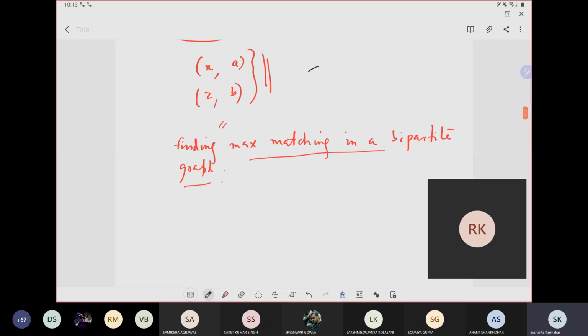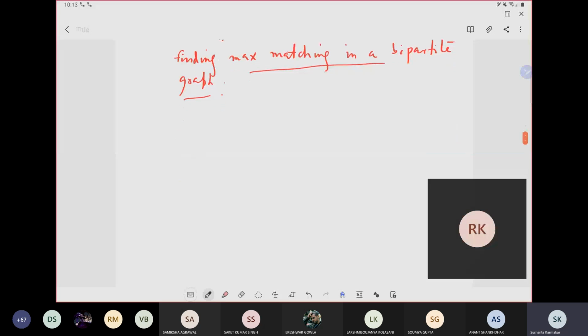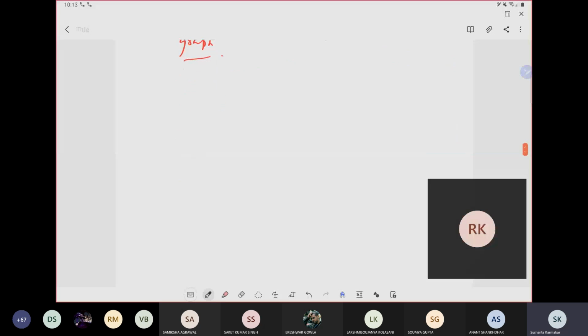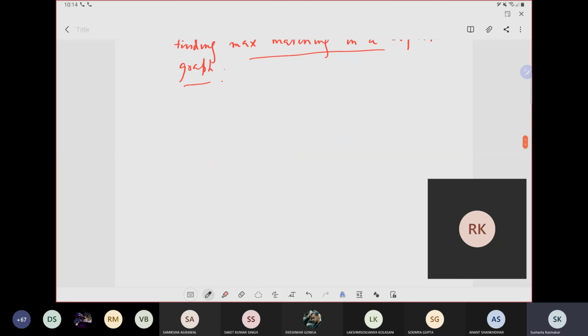So all these problems, people try to solve using traditional approaches like divide and conquer, dynamic programming, greedy, etc. But people fail to give quick and reasonable answers. Then came this concept of network flow.